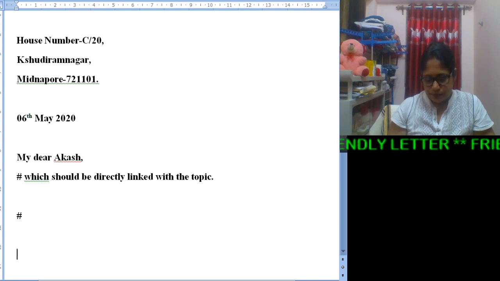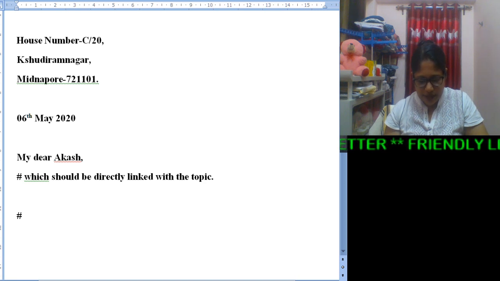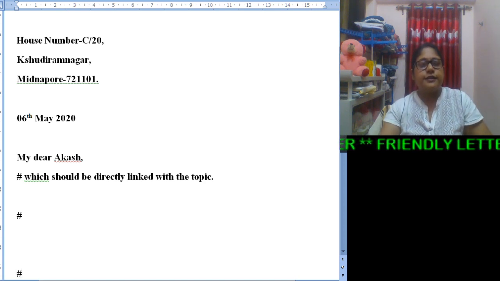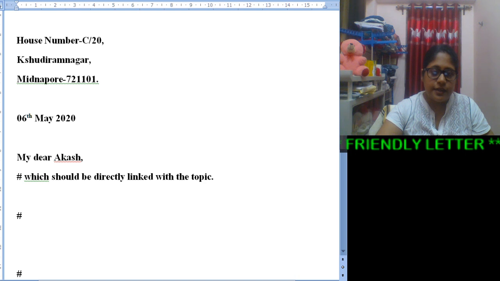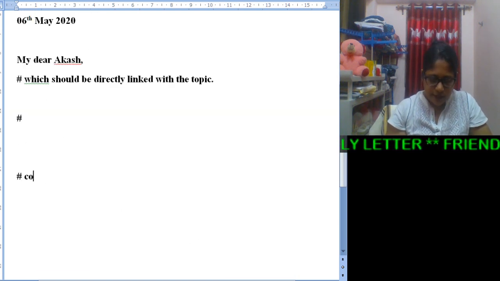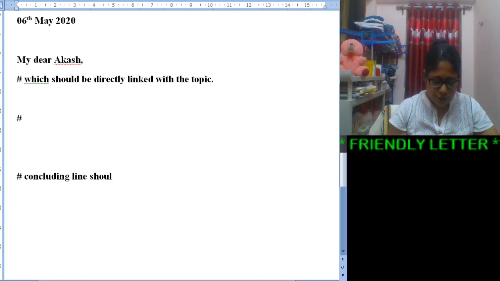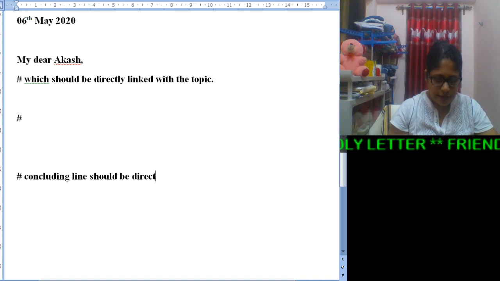Then comes the concluding part. Again, like the first one, the conclusion should be clearly linked with the topic. So the concluding line should be directly linked with the topic.